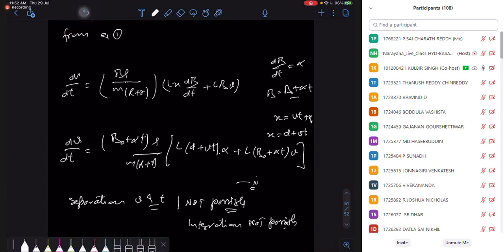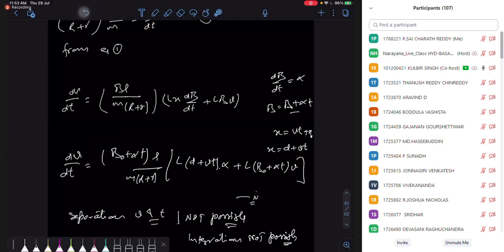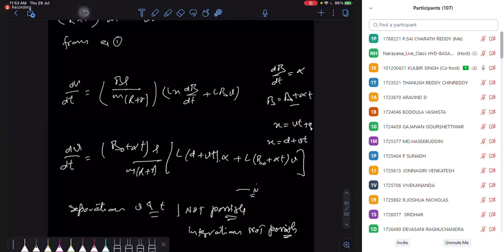Why is that integration not possible? Because I have given you this data randomly. In IIT, they will give you the data systematically. We can't find the velocity by integration, but they can ask you the acceleration, EMF, or current.